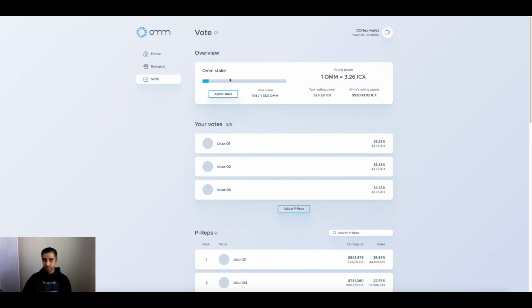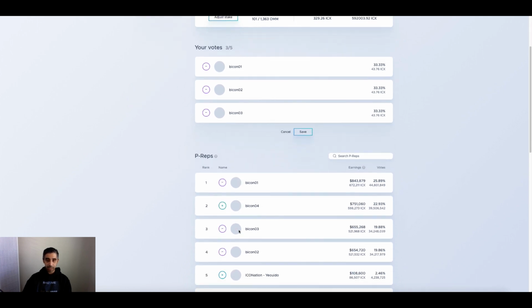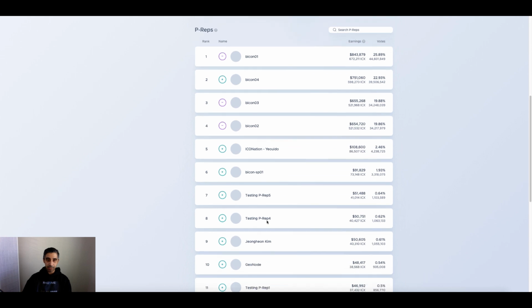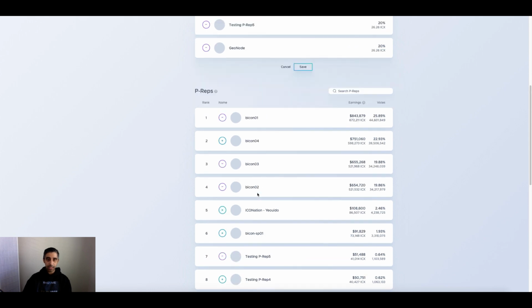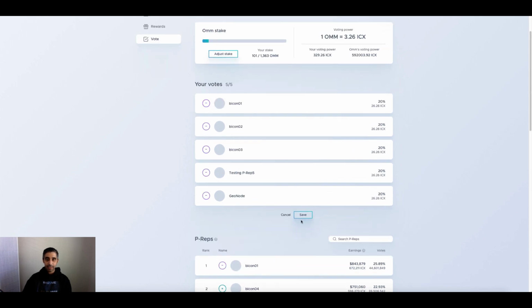I'm going to leave this because I want to, again, use my OM for the liquidity pools. But over here, this is what I've staked, and this is what you can see. I can adjust over here, add a different PREP. Rhizome is in here, so let's do a testing PREP. Oh, Gio's got there, so we'll add him in, and great.